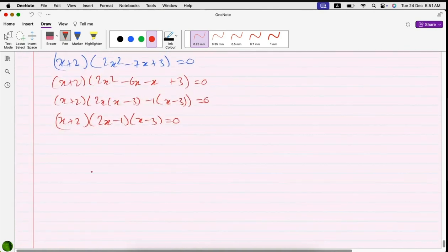Everything changes. So first factor equal to 0, second factor equal to 0, third factor equal to 0. x equals minus 2, x equals 1 by 2, x equals 3.